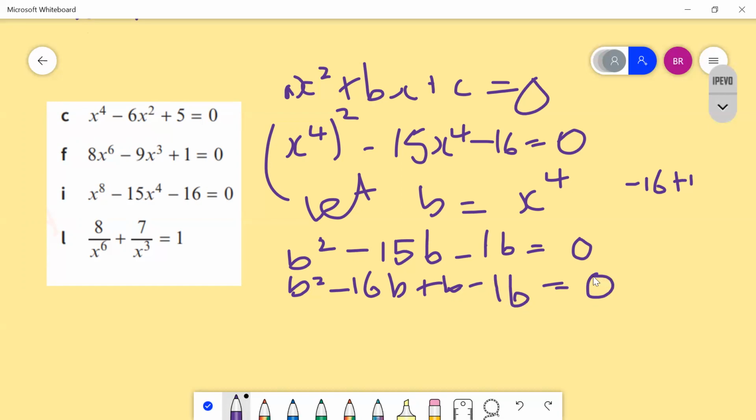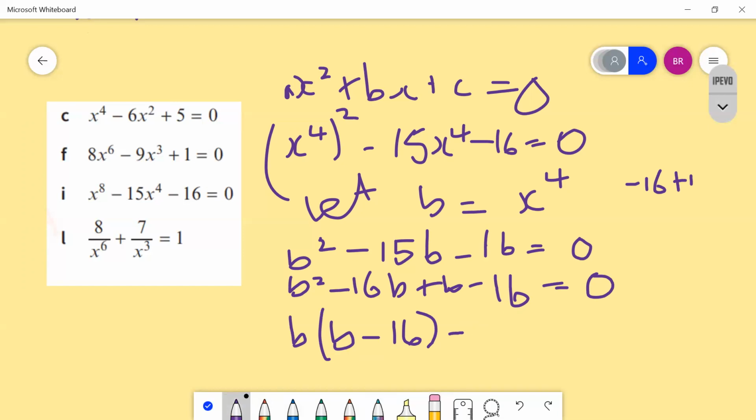Right. Given this, I'm going to say b outside the brackets. Then I have b minus 16, like this. It will still give me the same number. Then if I say minus 1 outside the brackets, I think it's going to be minus 1 because that's the common factor of plus b and minus 16.